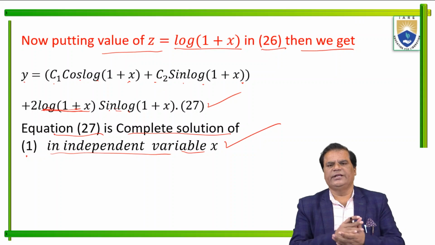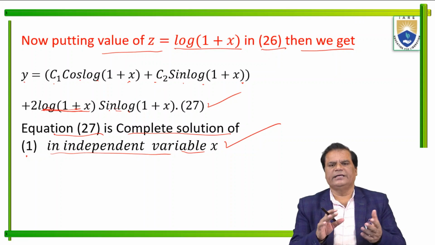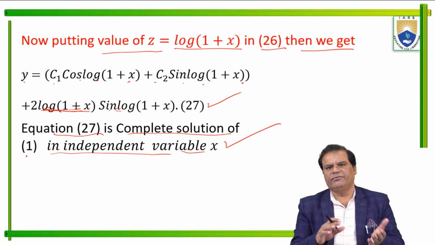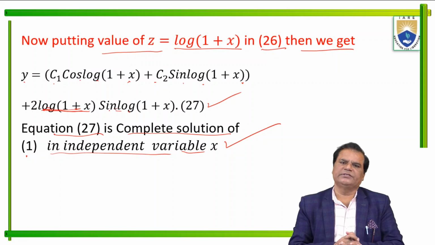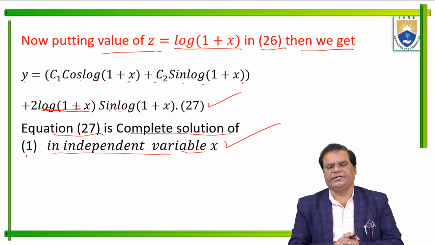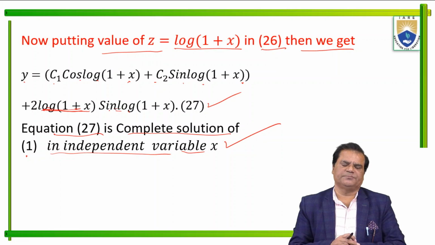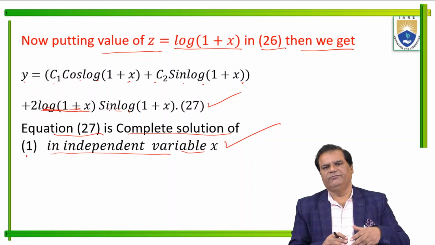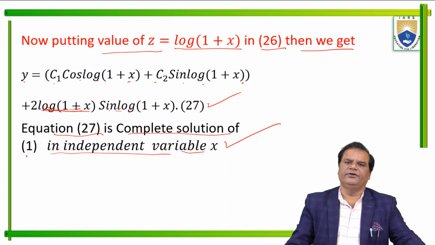After considering some assumptions, we can change our equation into z form. After converting x into z form, our differential equation is known as a linear differential equation with constant coefficients. Then we solve the question after changing, y is equal to CF plus PI. Then putting the value of z in our first solution, we get the solution of the given question 1.